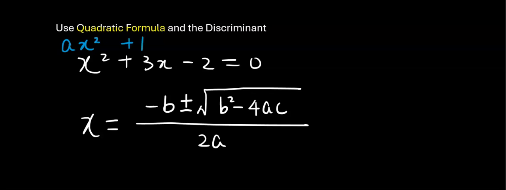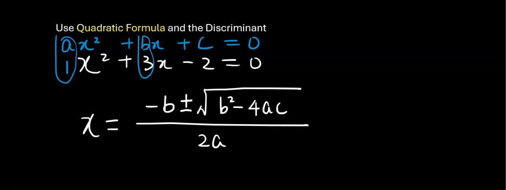Just in case you need this, I'm going to put the standard form right here: ax squared plus bx plus c equals 0. This is the standard form. Now, as you can see, a is 1, b is 3, c is negative 2. All we need to do is plug it in, or we say substitute.